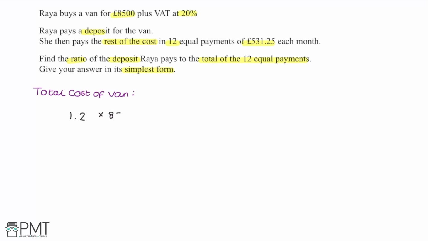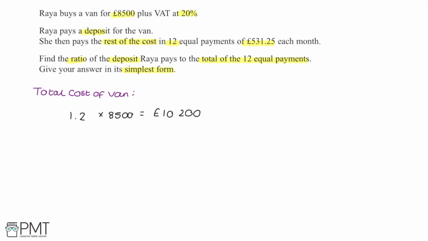So using this multiplier of 1.2, so increasing the value by 20%, I get an answer here of £10,200 for the van.